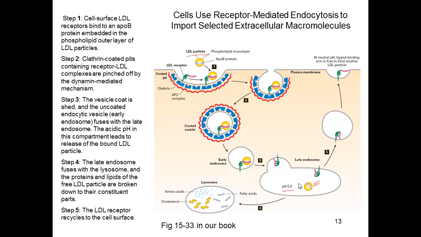The LDL particle itself will migrate into a lysosome where fats, cholesterols, and amino acids will be harvested for energy and for biosynthetic needs. This cycle of receptor movement in and out of the membrane occurs about every 10 minutes.